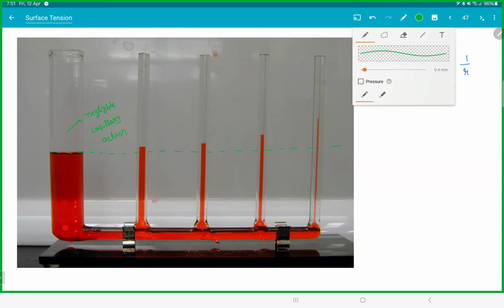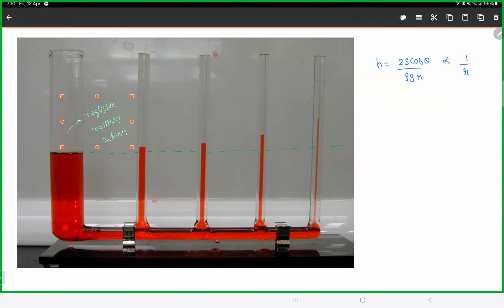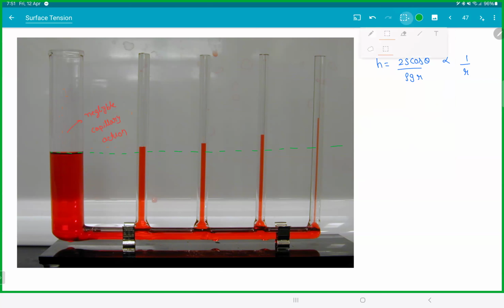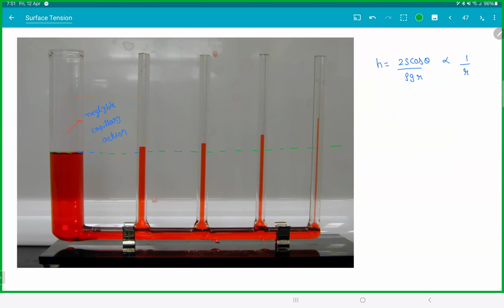Yeah, the color is so weird, right? Better. Here you can clearly see it dominates. Capillary action is more visible.